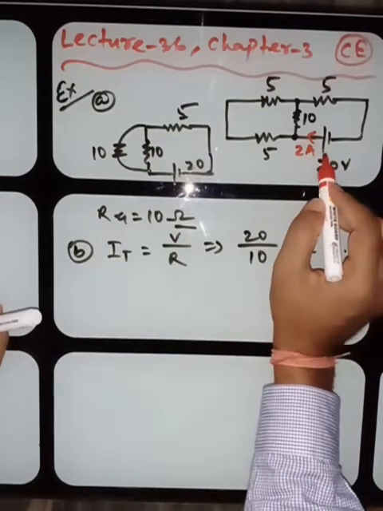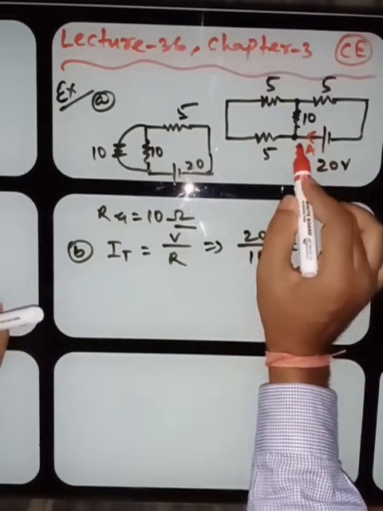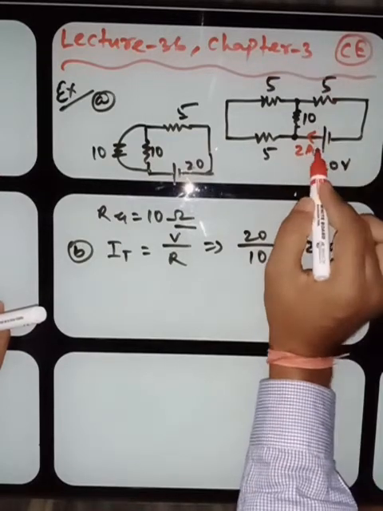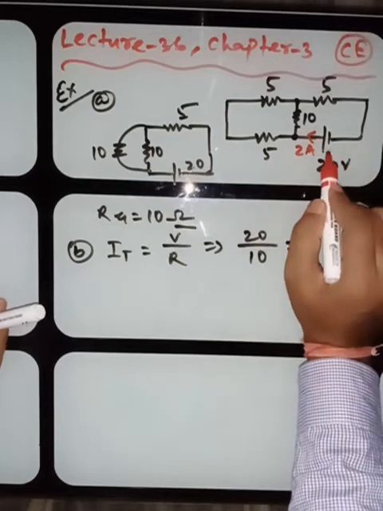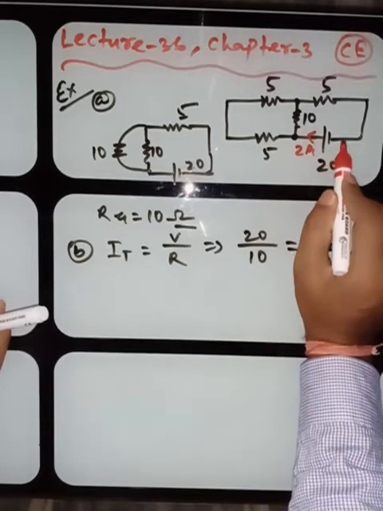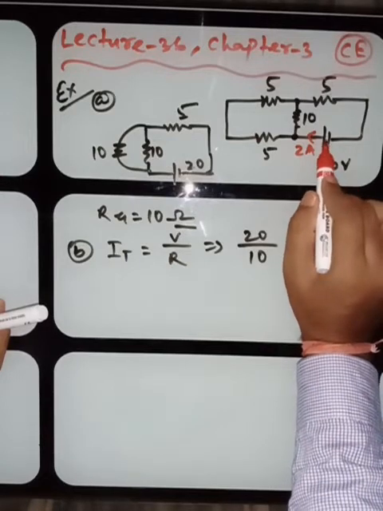Now if 2 ampere is flowing from here, this resistor is connected in series with this cell, and this resistor will carry the total current, because according to conservation of charge and energy, the cell has to collect the same current that it left.